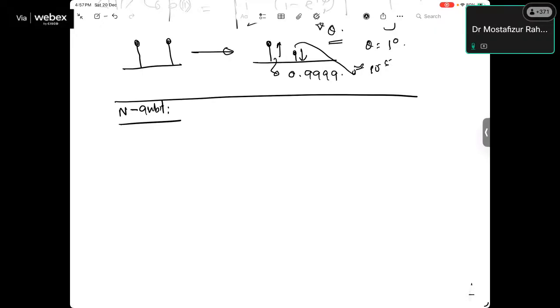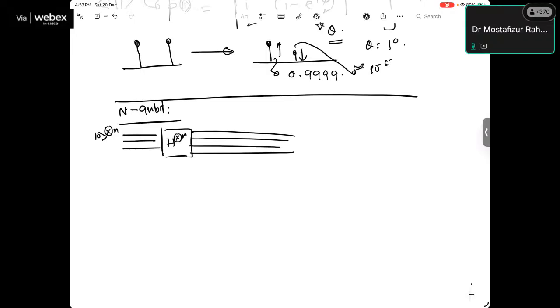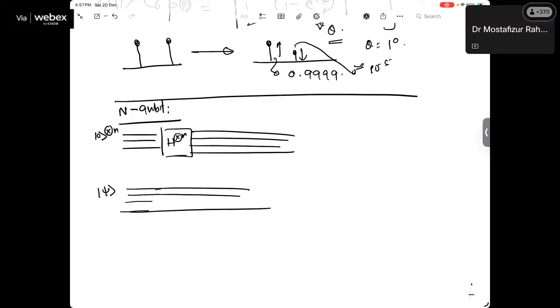For the n qubit system, you need many such zeros, and you need to encode many such superpositions to get n, right? So you have all such circuit components. You have an encoded state psi here.